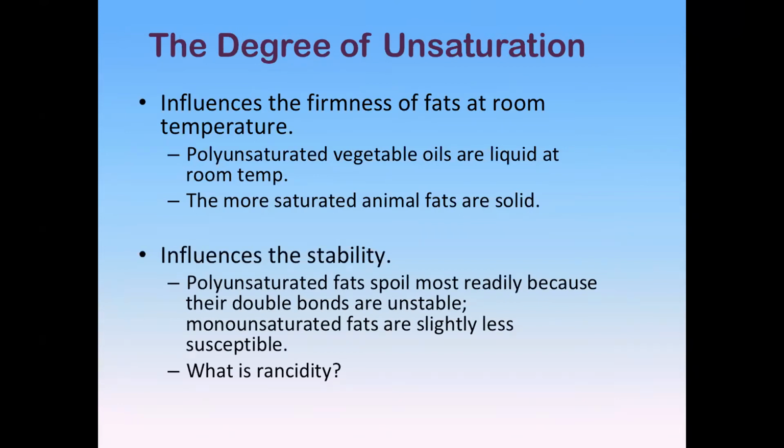It influences the stability of the fat, because polyunsaturated fats are unsaturated, and they are prone to hydrogenation and oxidation. The unsaturated fats spoil more readily because their double bonds are unstable, while monounsaturated fats are slightly less prone because they have only one double bond.